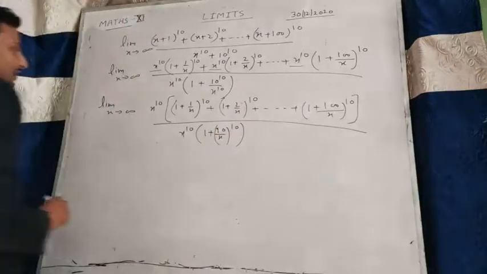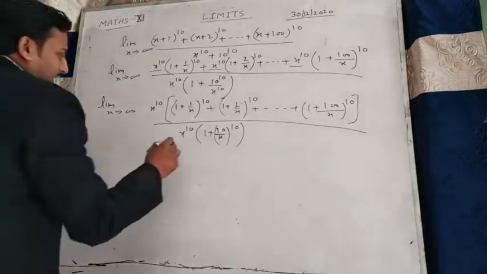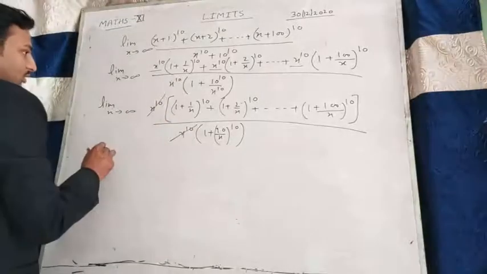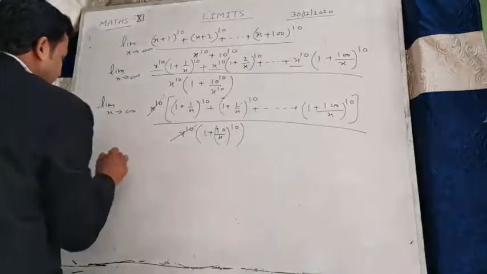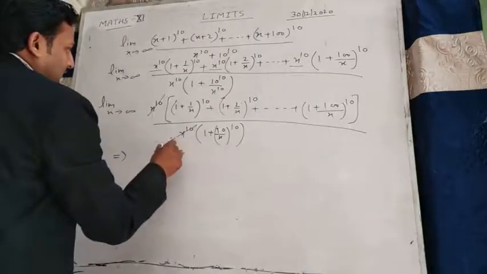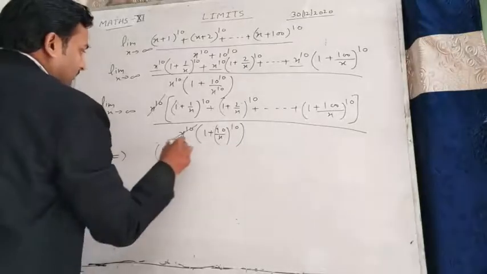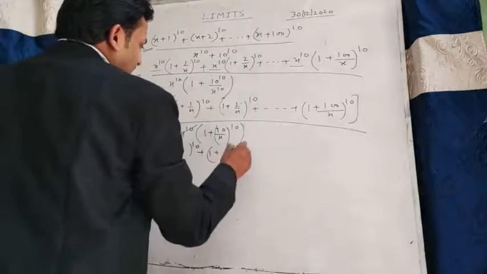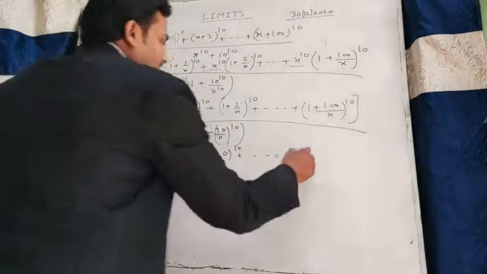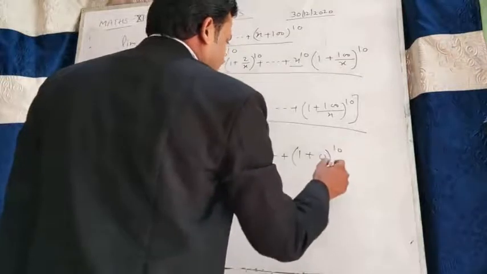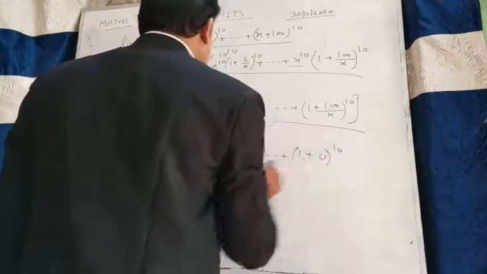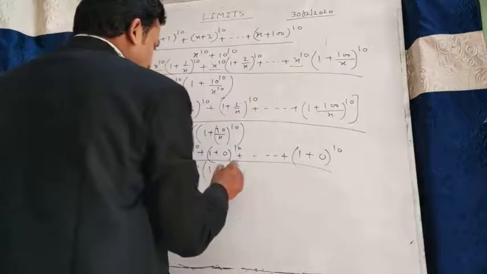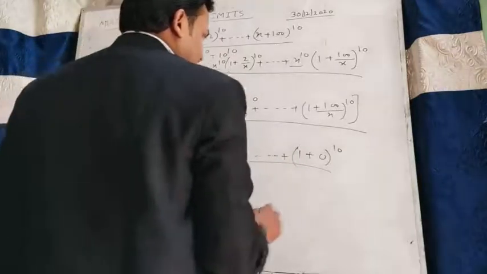Okay, student. So we are seeing that this x to the power 10, x to the power 10 is cancelled. Now we will put the limit and we get 1 plus 0 to the power 10, plus dot dot dot, 1 plus 0 to the power 10, and divided by 1 plus 0 to the power 10.